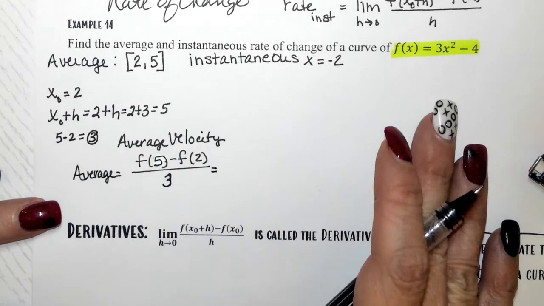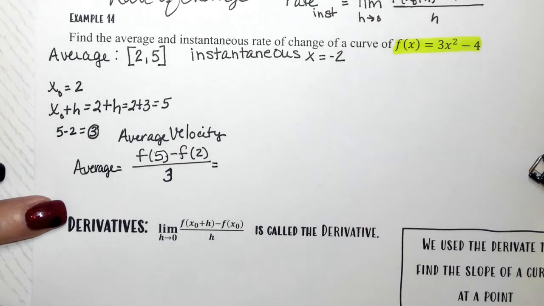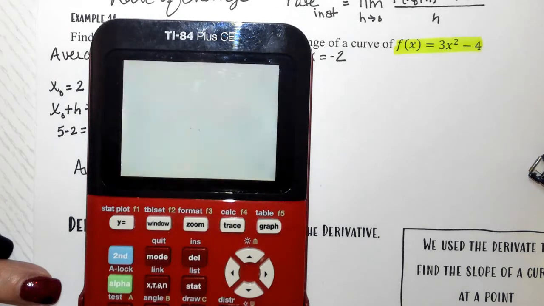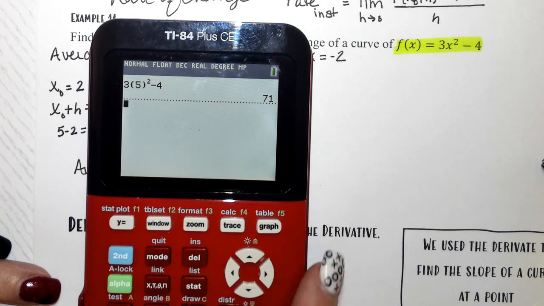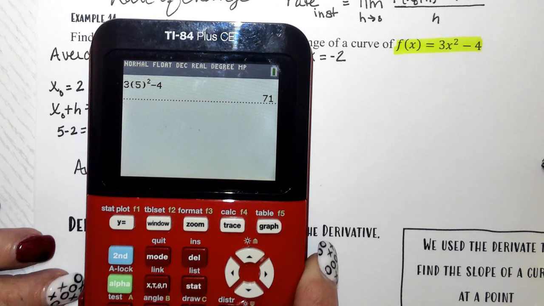So I'm going to come over here. 3x squared minus 4. So 3 parentheses 5 parentheses squared minus 4 is 71.